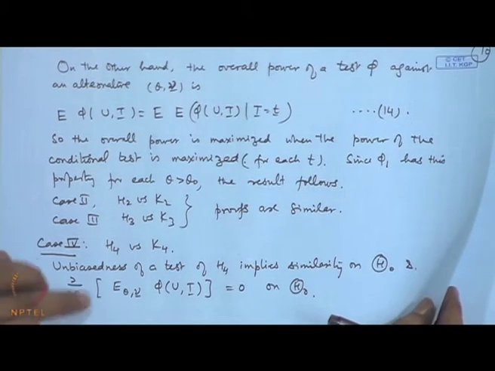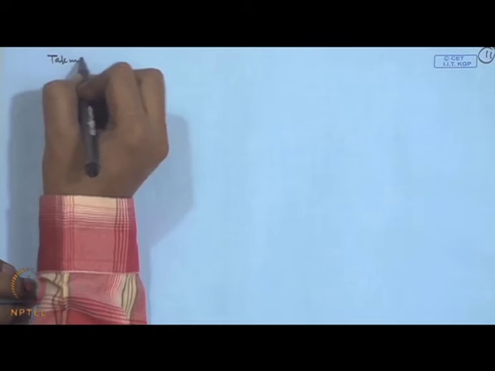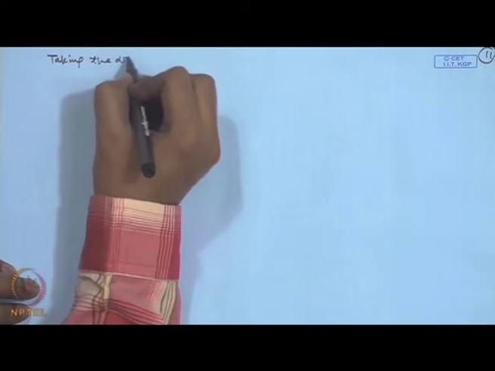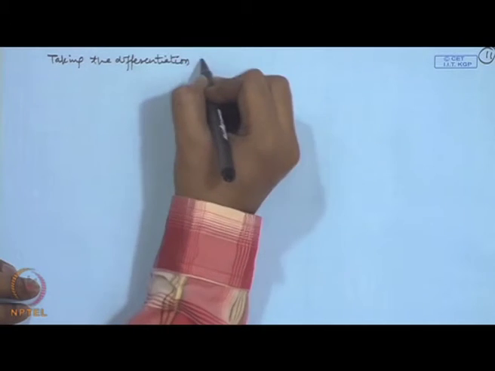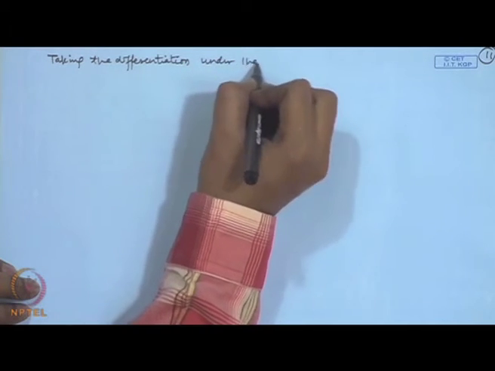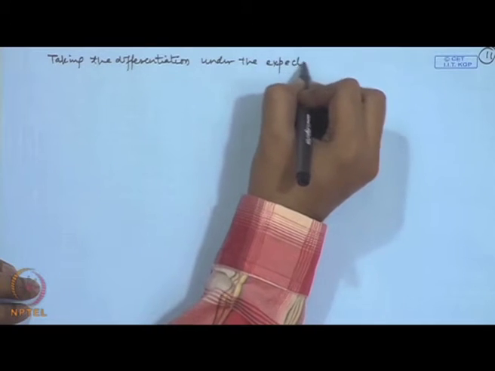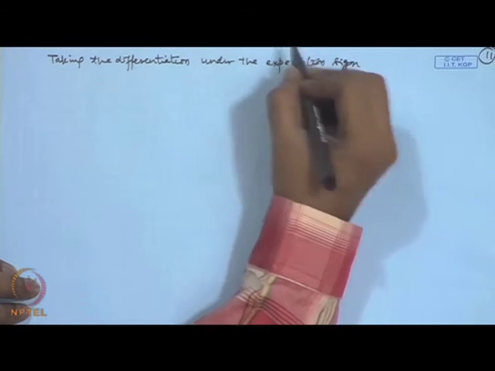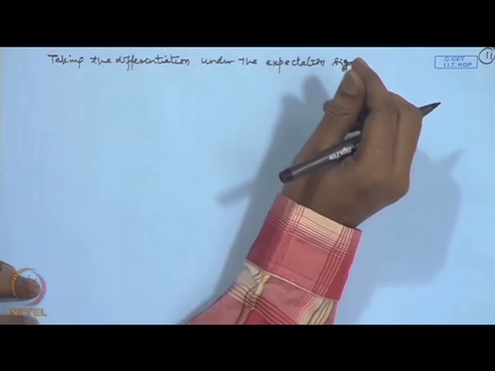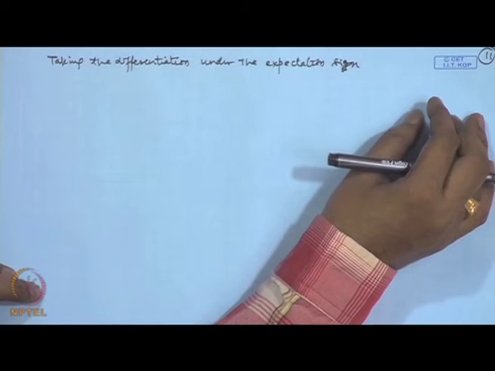Now, we take this derivative inside the expectation sign, taking the differentiation under the expectation, which will be permissible here because phi is a test function. So, it is bounded between 0 and 1 here.